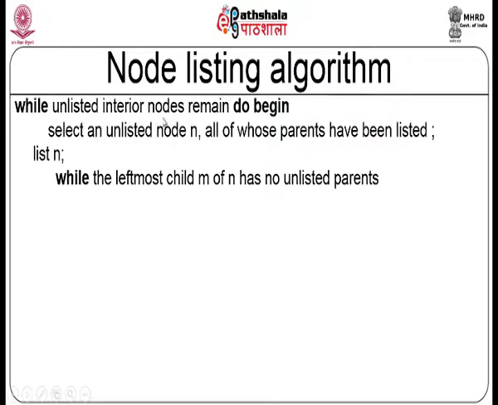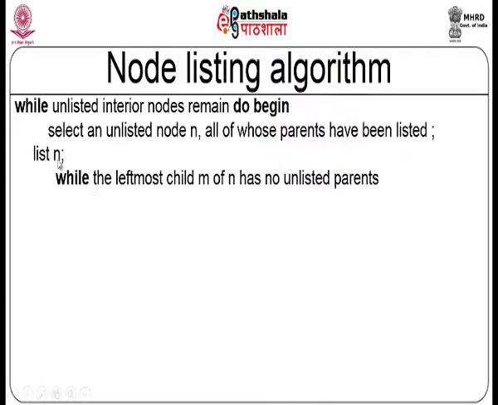So while unlisted interior nodes remain, you have to list all the nodes. That's your ultimate aim. You have to choose an unlisted node n, all of whose parents have been listed. So to start with, what will you list? You will have to list the root, because the root doesn't have a parent. That is the base condition to start with.